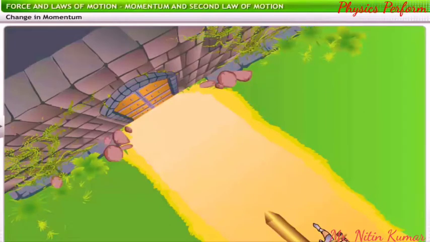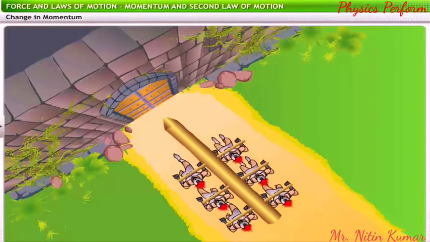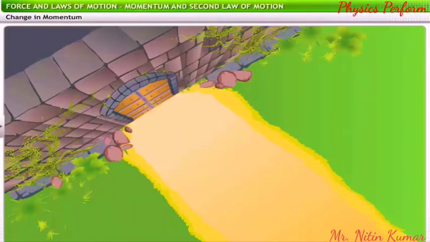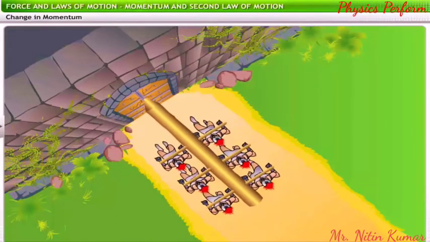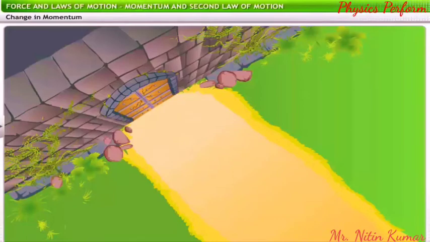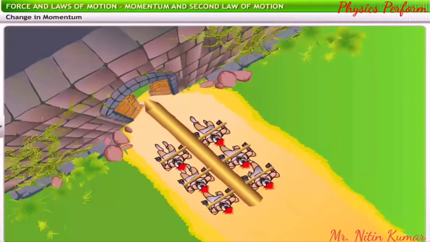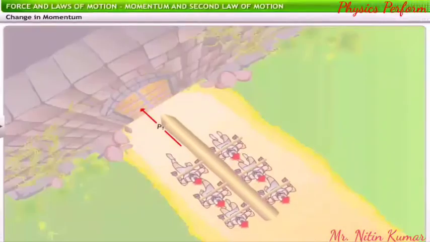Remember period films where we often saw columns of armies who used huge logs to break down the gates of a fort? The group of men holding the log goes back a fair distance from the gate. Then they run to the gate to ram the log into the gate for maximum impact. The velocity and the mass of the log together provide enough momentum to break the gates down.